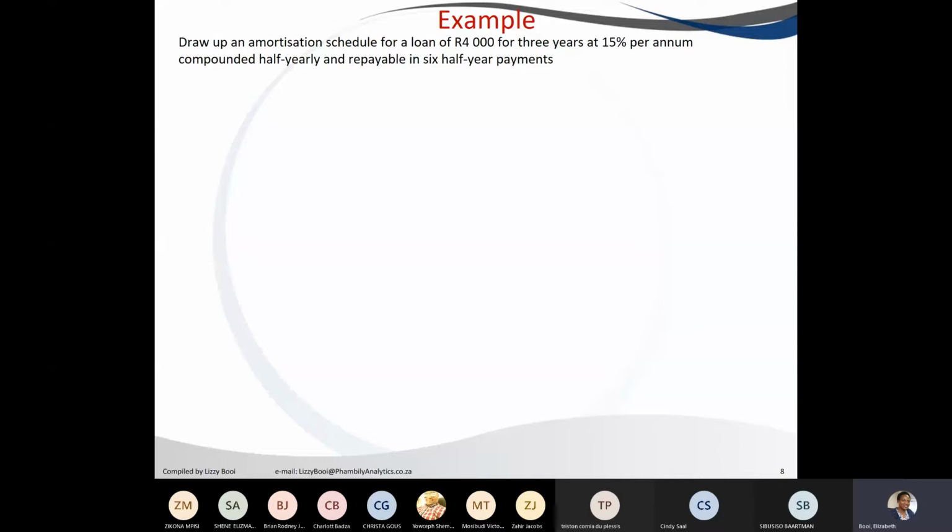Looking at how we draw up an amortization schedule, we look at this example, which states: draw up an amortization schedule for a loan of 4,000 for 3 years at 15% per annum, compounded half-yearly, and repayable in 6 half-yearly payments. We know that we're going to use the present value of an annuity formula to calculate this.